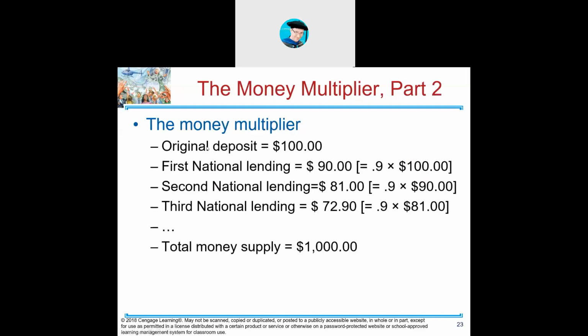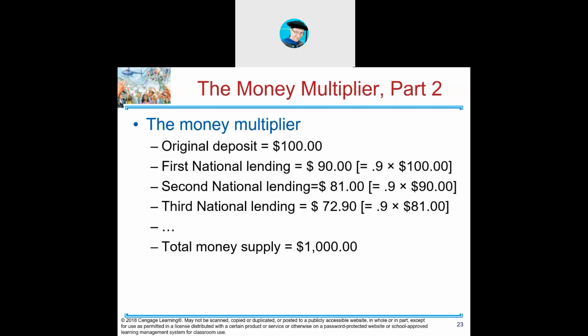The idea of the money multiplier is it does just that. So how does it work? Let's say there's $100 in an initial deposit. You deposit $100 into your bank. That bank lends to other banks. First National will have $90, 0.9 times 100.